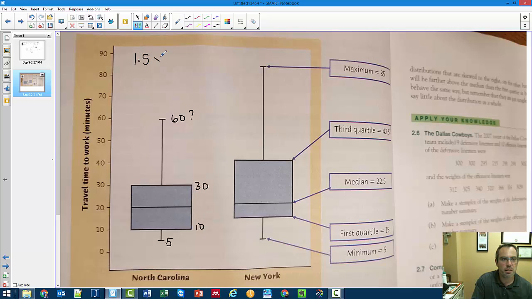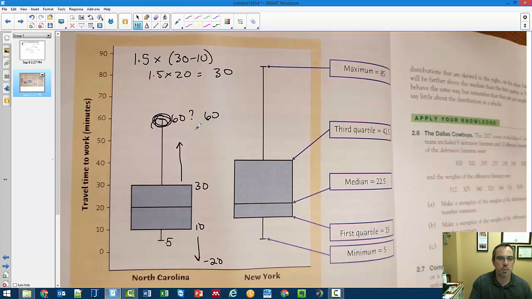So 1.5 times 30 minus 10. So I really have 1.5 times 20, and I end up having 30. So I can add 30 going this way. That puts me right at 60, and I can subtract 30 going this way, so negative 20, which tells me that this is not an outlier because it fits inside of there.